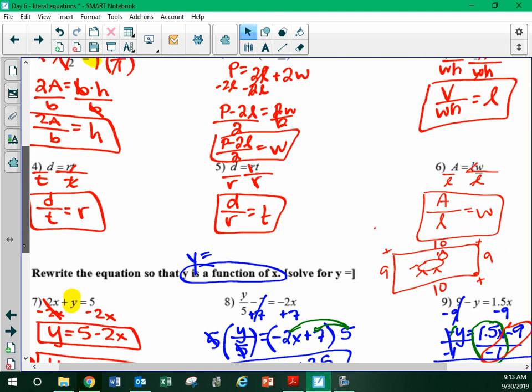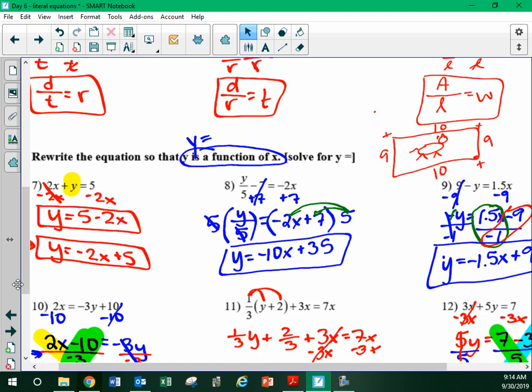Same idea when it says rewrite the equation so that y is a function of x. We want y equals. Again, get rid of any adding or subtracting first, and then get rid of your dividing. Make sure you have it in this form: y equals some expression in x. Questions with this before I have you paired with someone to work on practice?